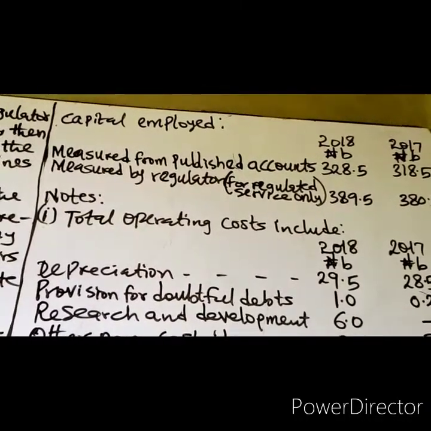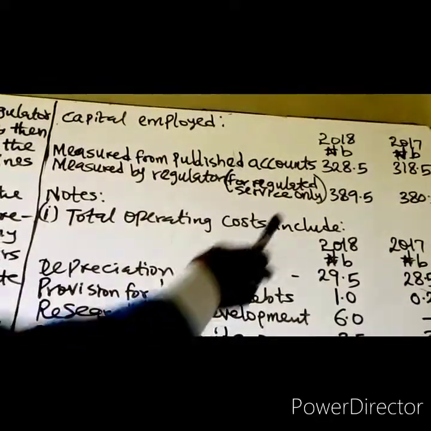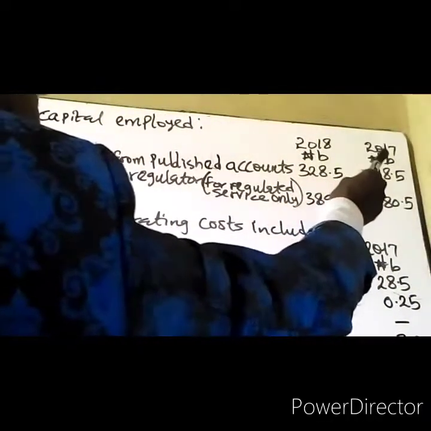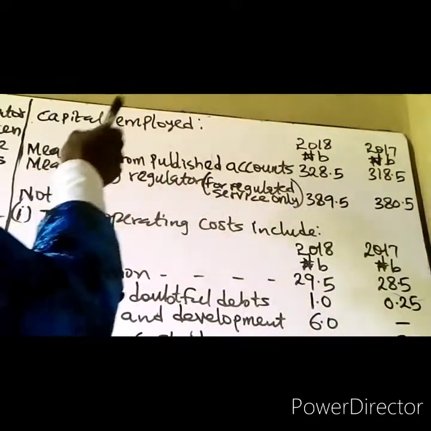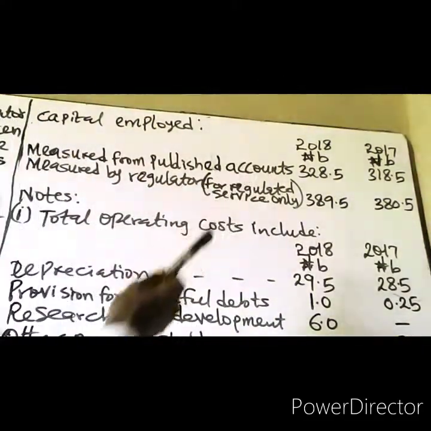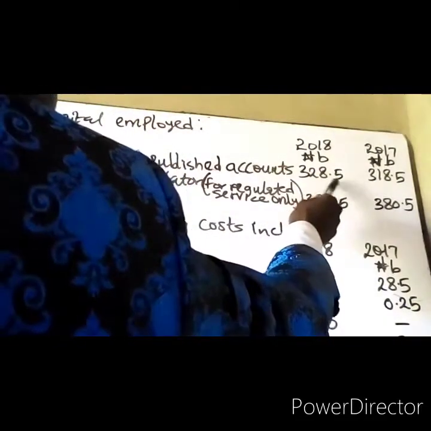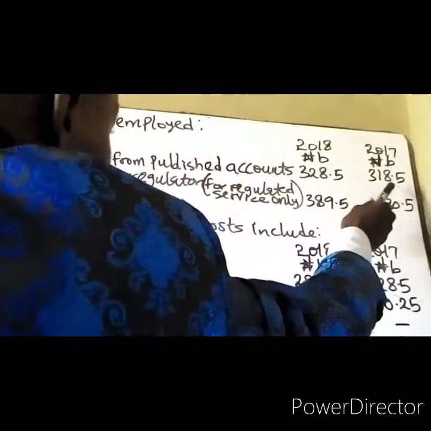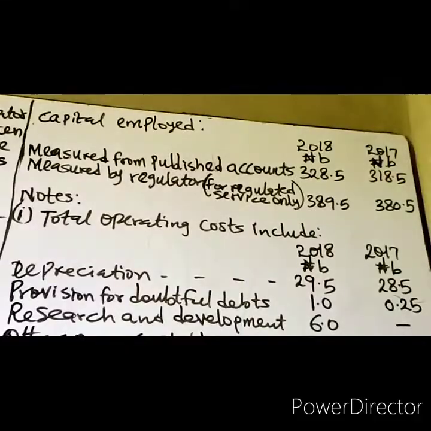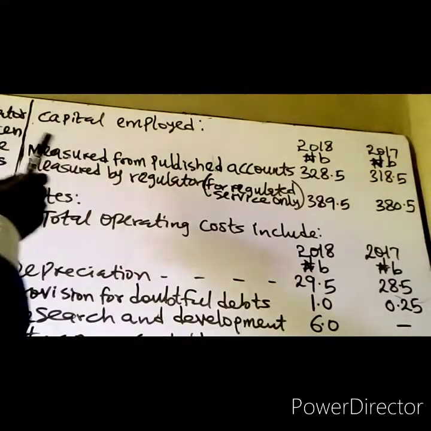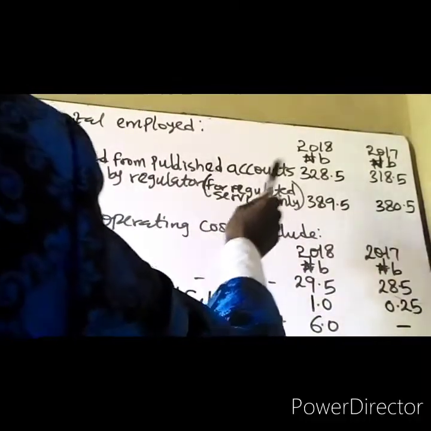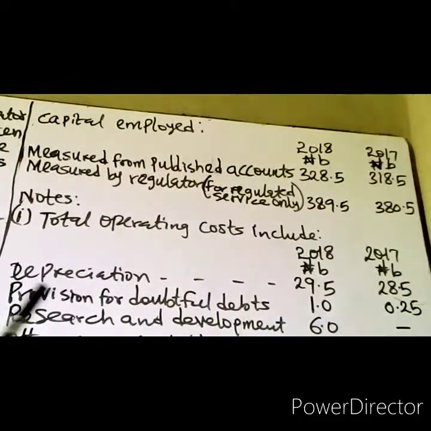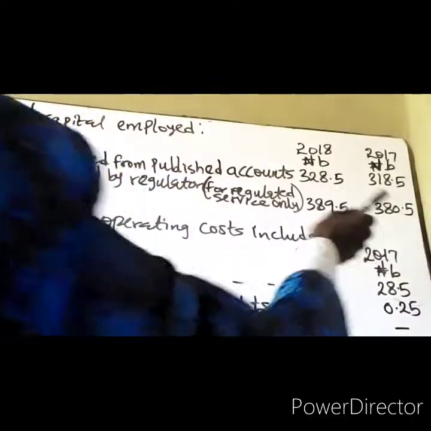Capital employed. We are given for 2018 and 2017 in billions. Measured from public accounts, 328.5 and 318.5 for 2018 and 2017 respectively. Measured by regulator for regulated service only, 389.5 and 380.5.